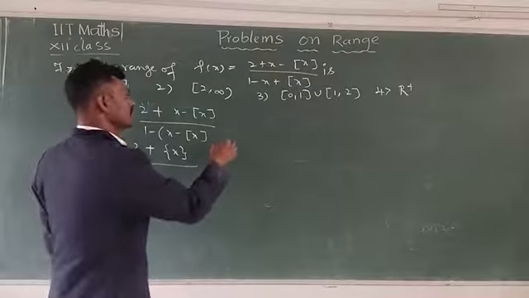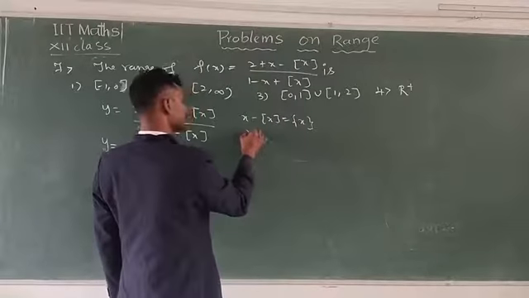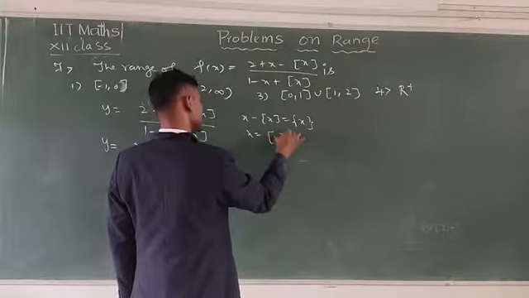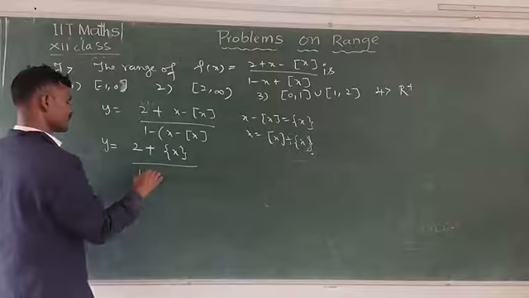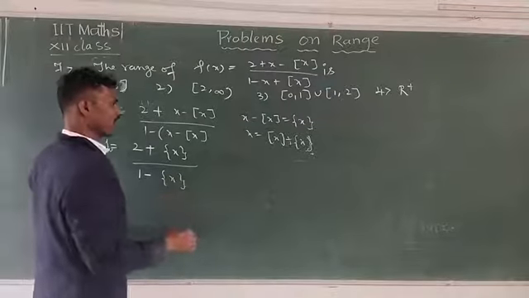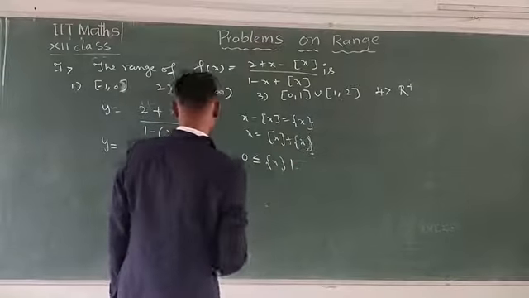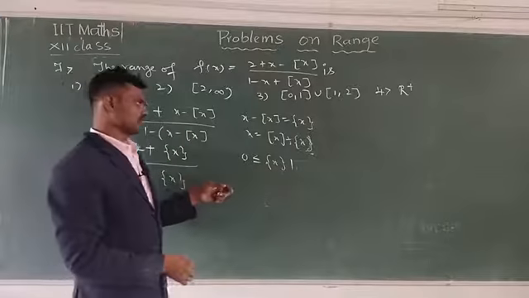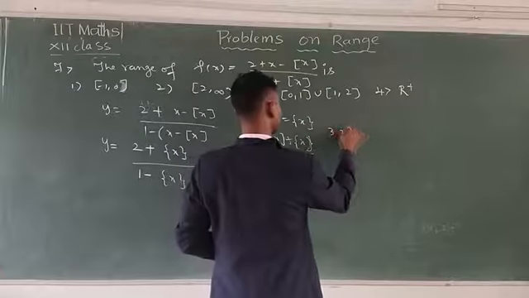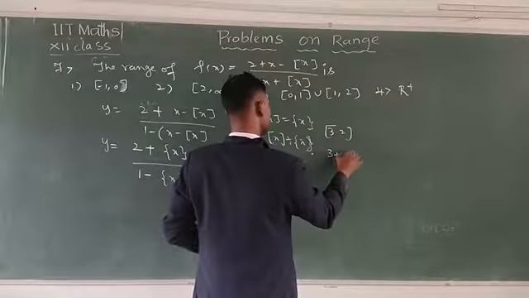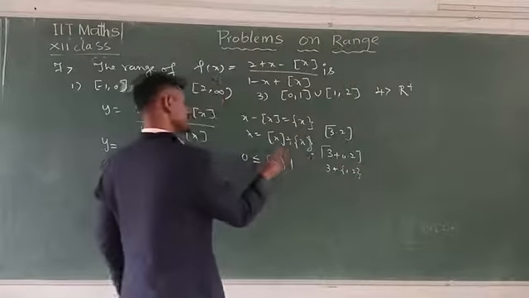You know this one, x minus [x] is equal to the fractional part of x, or x is equal to [x] plus the fractional part of x. Okay, now see here, also 1 minus the fractional part of x, but the fractional part of x lies between 0 and 1. How is it? Here this is x, suppose 3.2. How to write 3.2? 3 plus 0.2. Then this is written as 3 plus 0.2. 0.2 is the fractional part.